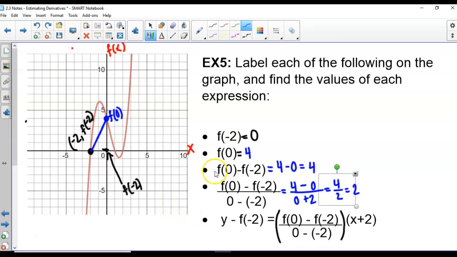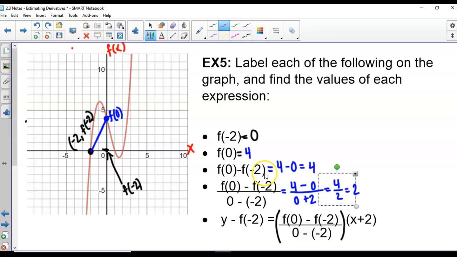So let's go back to this f of 0 minus f of negative 2. So it ended up being 4. Those are my y coordinates, right? And when I subtract something, I'm finding the difference between the two.